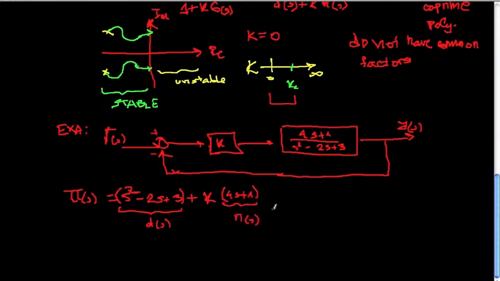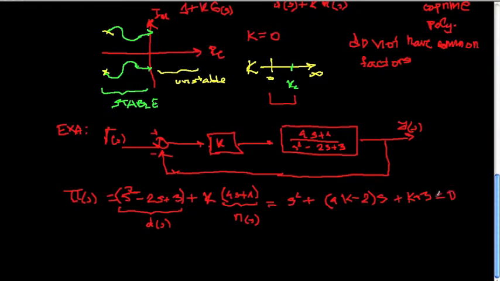Okay. And after rewriting this equation and factoring everything, it is s squared plus (4k minus 2)s plus k plus 3 equals 0.